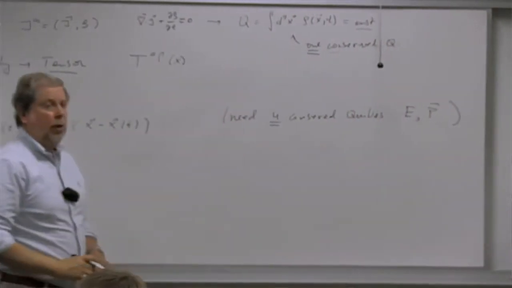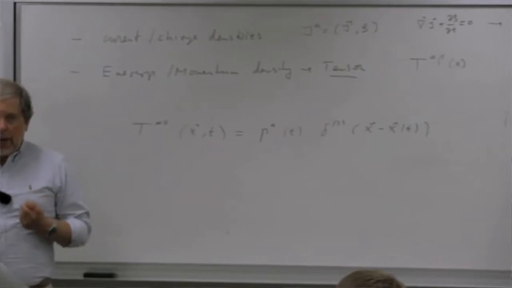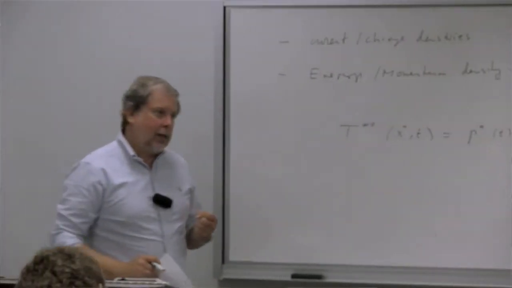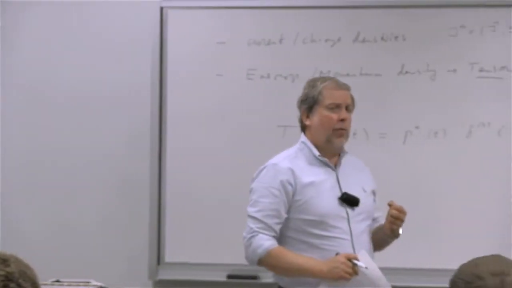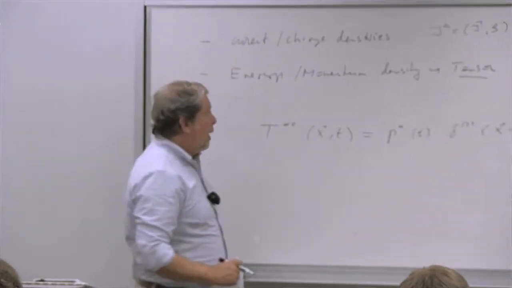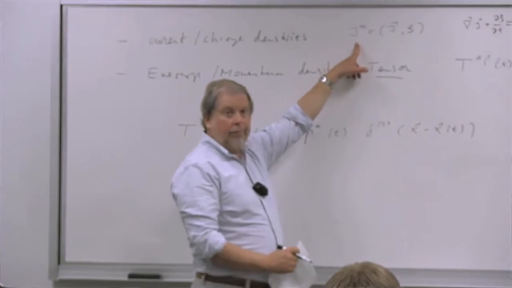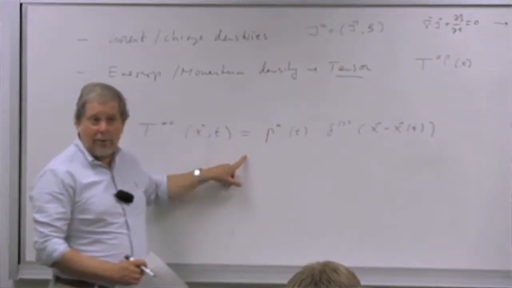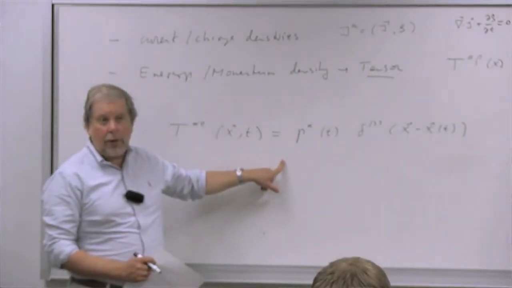Here we need 4, right? So the very basic fact that in electromagnetism there is only 1 conserved quantity, whereas when you look at energy momentum there has to be 4, tells you that the analog of this J in electromagnetism has to have more indices. Has to have more indices, right?